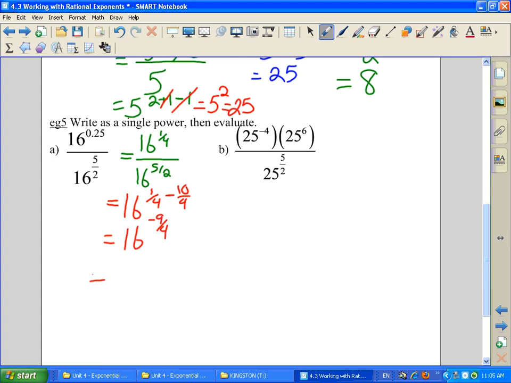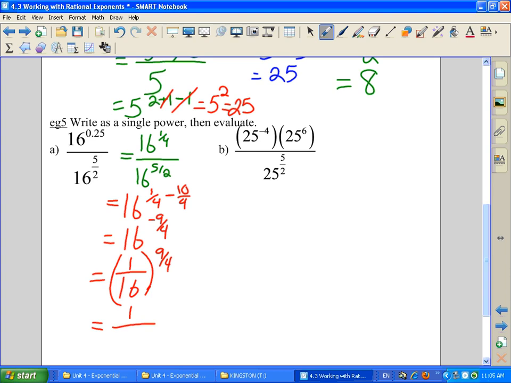First thing that we notice is that that's not a proper single power. We need to make it positive because it's negative. So it's going to be 1 over 16 to the 9/4 to make it positive. Okay. And then 1 to any power is going to be 1, but we can take a look at the 16.